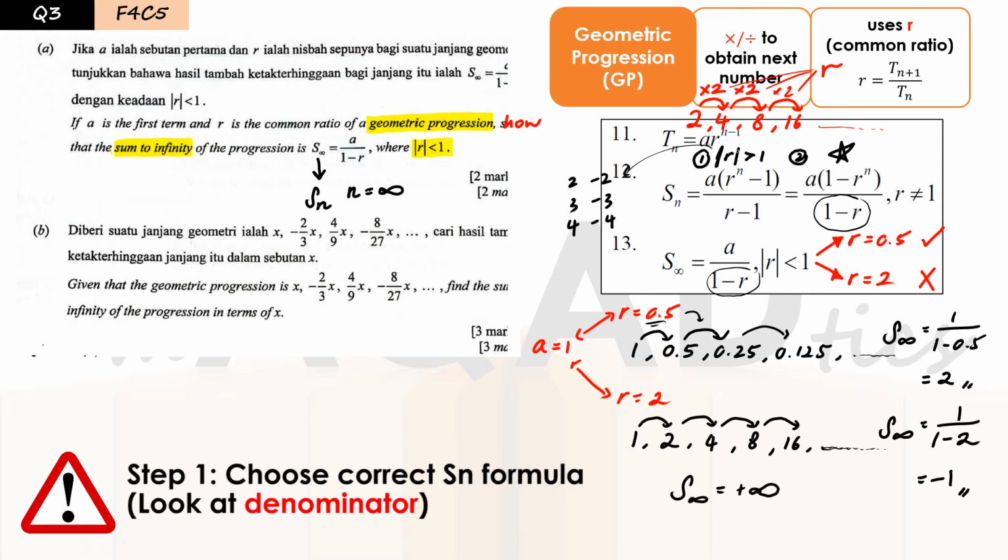Because if we take the modulus, all these negative values would become positive values, and all of them would be greater than 1. But for formula 2, it's the opposite. It's modulus r less than 1, which is the same condition as in sum to infinity. So since it has the same condition, we are going to use the second formula.